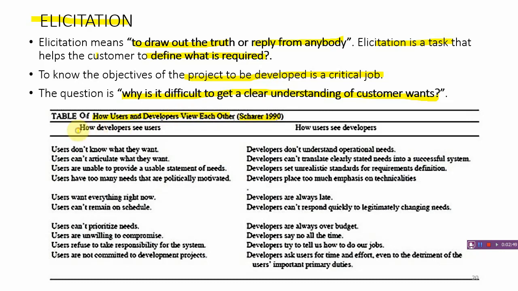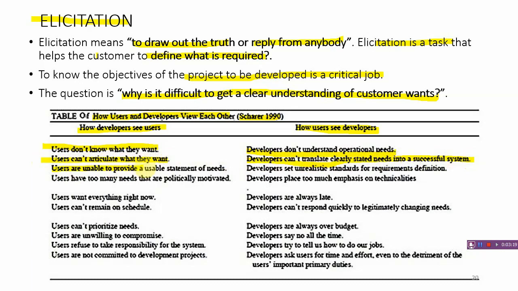So let us see how developers see users and how users think about developers. Developer thinks that users don't know what they want, whereas users think the developer doesn't understand the operational needs. The users can't articulate what they want, and developers can't translate clearly stated needs into a successful system.